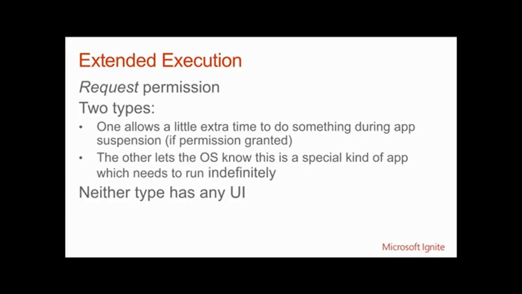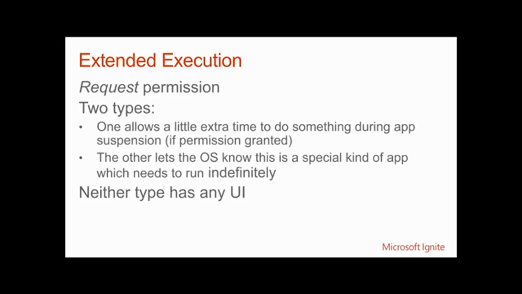You have to request some extended execution time. And it's important when you're looking at that to bear in mind that the answer might be no. And if the answer is yes, you might then think, okay, great, I can do some extended execution, and you've just started and it gets revoked. So you've got to handle these things cleanly.